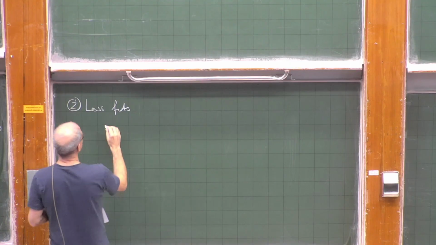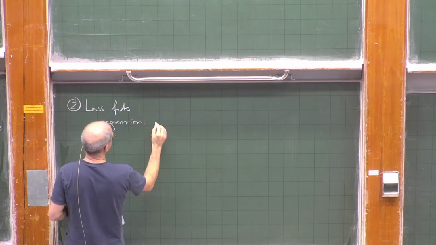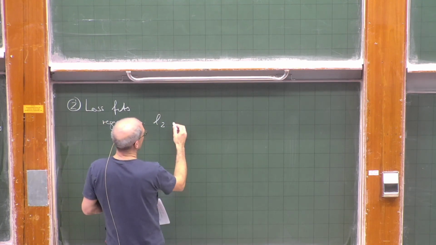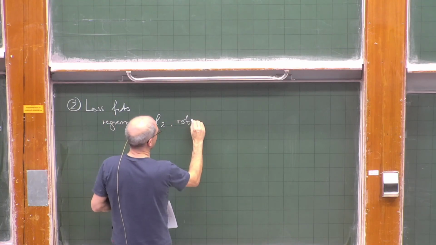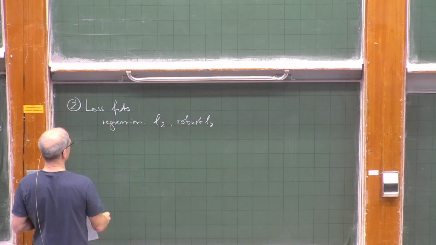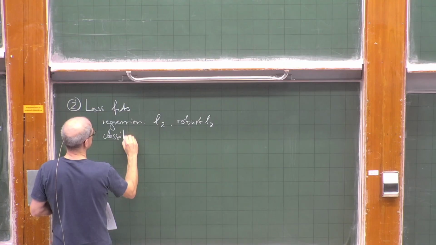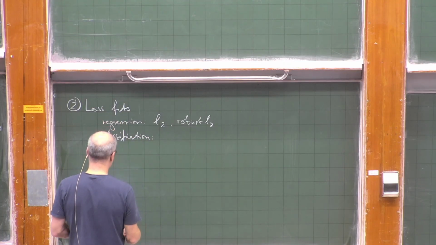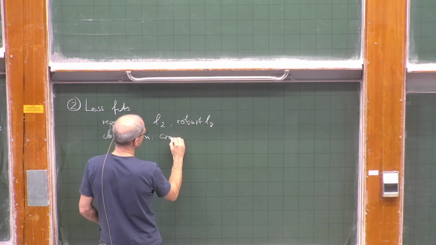Very briefly, for regression, the standard loss to use is L2, or maybe you want to use some kind of robust L2 if you have outliers, such as Huber loss. And for classification, a typical loss would be cross entropy.